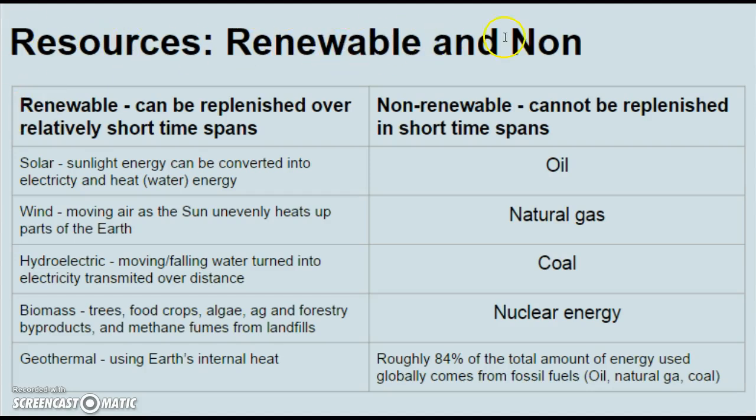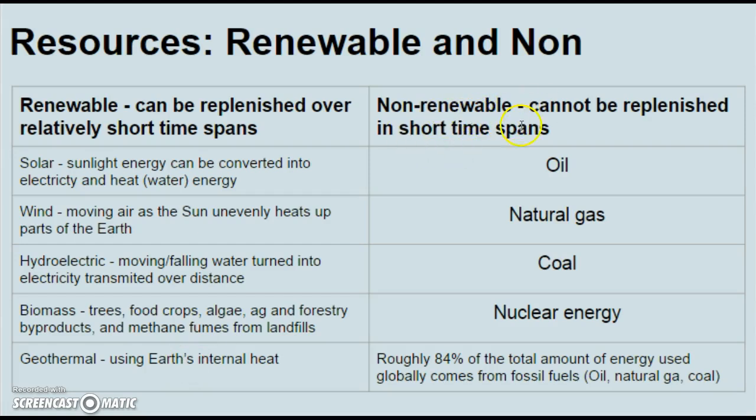Resources, we have renewable and non-renewable resources. Really, we're looking at the timeline in which they can be replenished. Short periods of time, we can look at solar power or solar energy. We're really looking at how we derive energy and run our societies, run our world. Solar energy, wind energy, hydroelectric, right, moving water, biomass, and geothermal, right, using the heat from the inside of the earth.